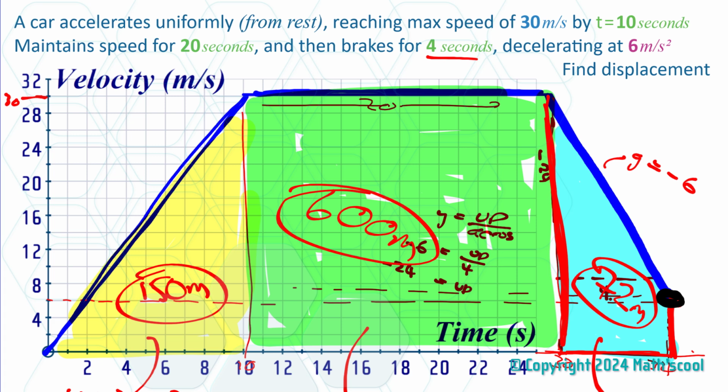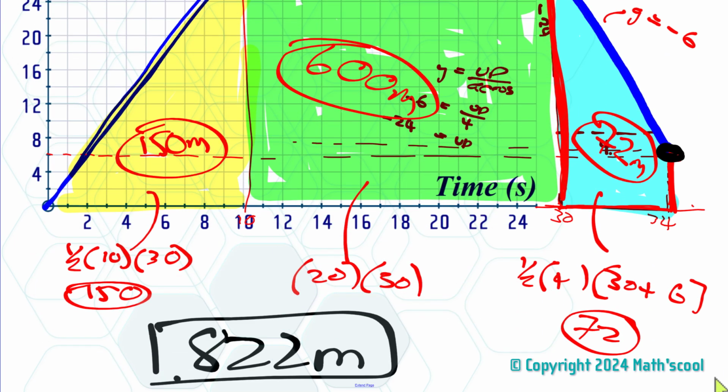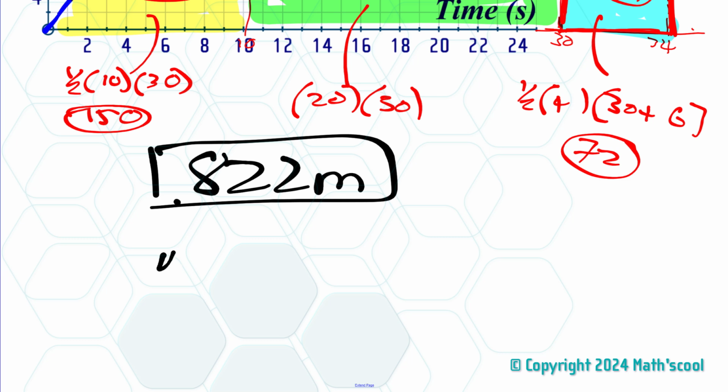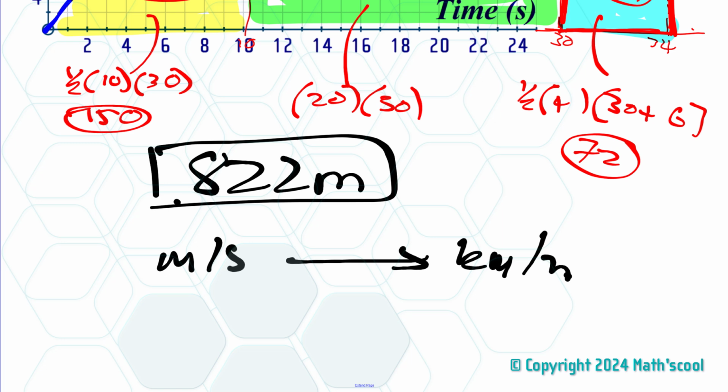Just to give you a little bit of an idea, because I'm using meters per second, and in maths and physics we use meters per second. But of course, when you're driving a car, well, here we use miles per hour. The rest of the world uses kilometers per hour, but here we use miles per hour. And so just to give you a quick heads up, if you want to change from meters per second to kilometers per hour, you just multiply by 3.6.